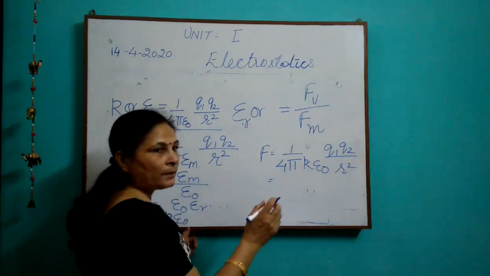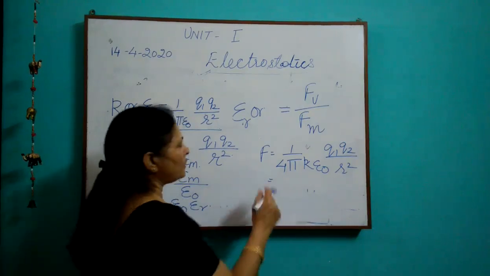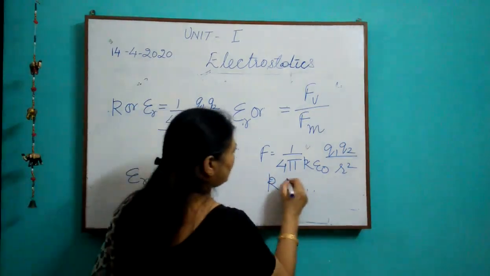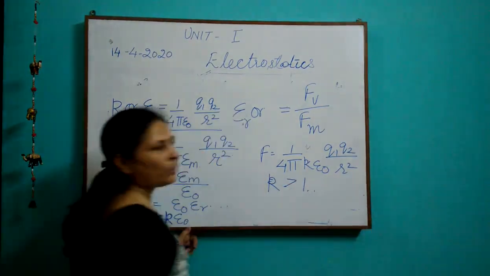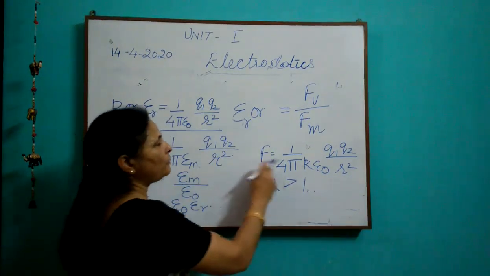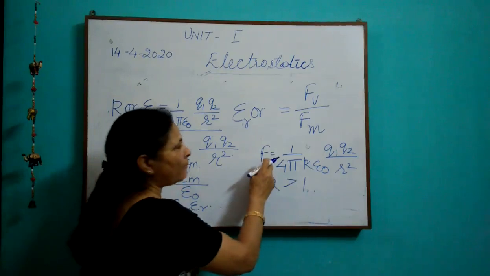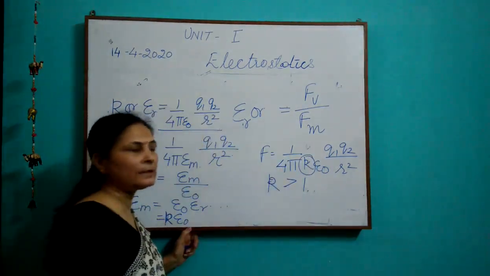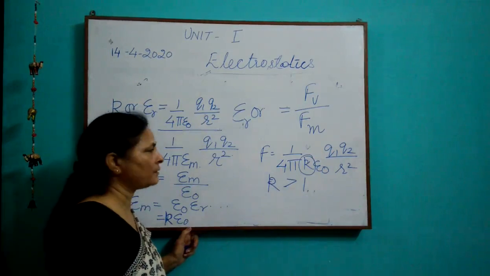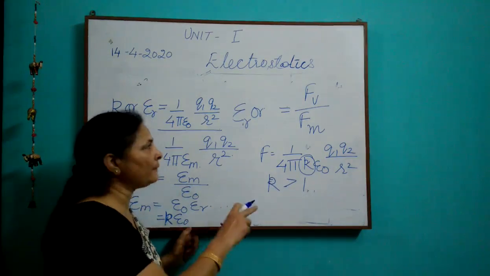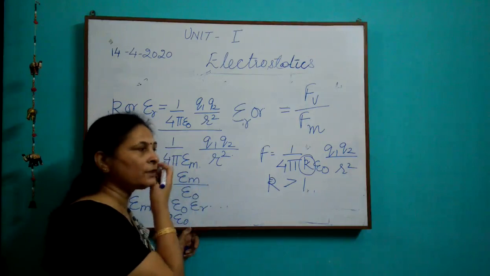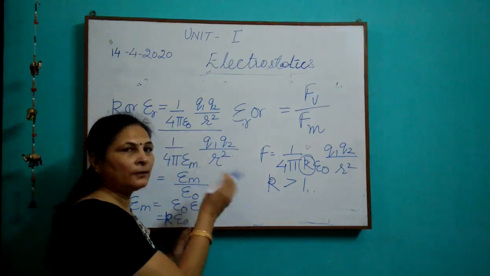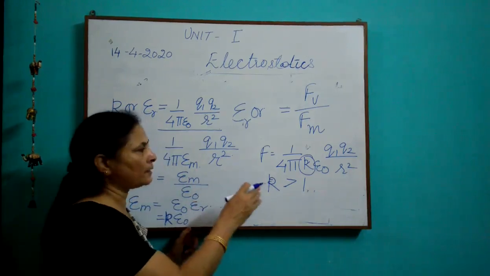Most of the time, the dielectric constant is greater than 1. So the value will always reduce by a factor k if the medium is different. Is that very clear? Depending upon the sign of the charges, the force will be repulsive or attractive.